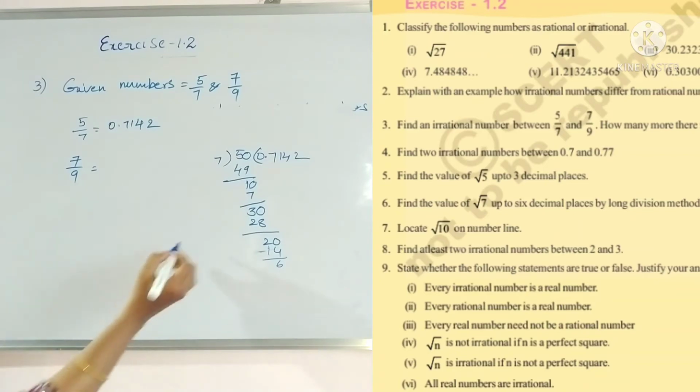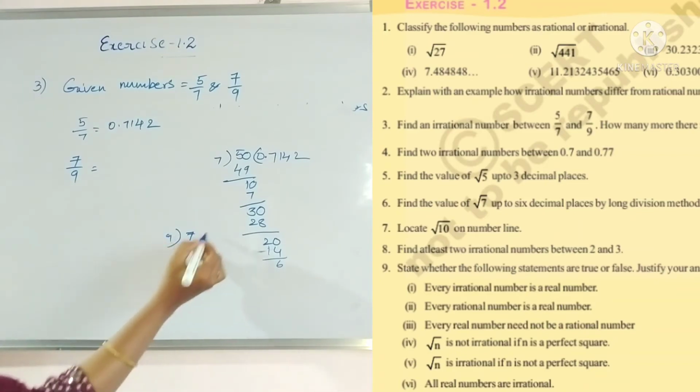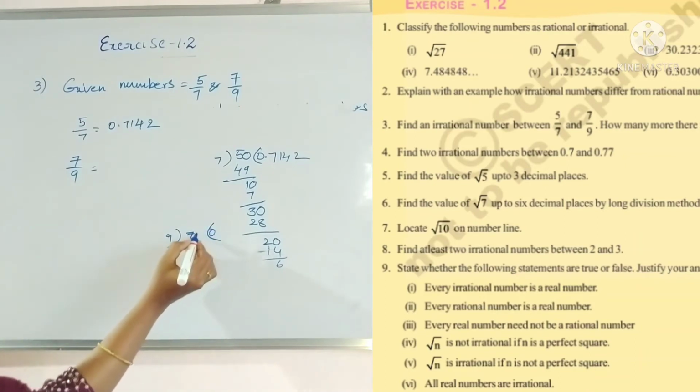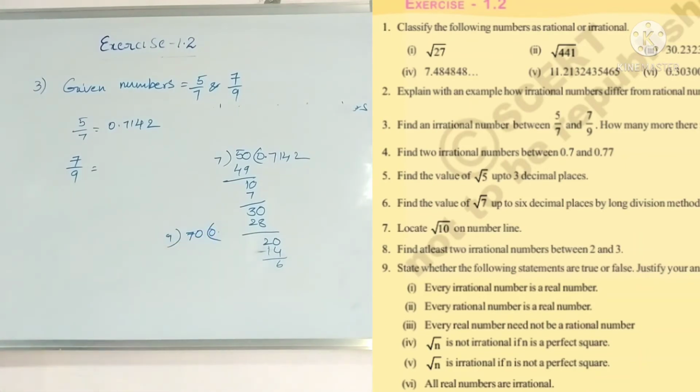And the second rational number 7/9. Similarly, if you divide 7 by 9, it won't divide. So I'm adding 0, and a decimal point comes after 0. 9 eights are 72, so it is more than 70, right? So 9 sevens are 63. After subtracting also 7 will come.